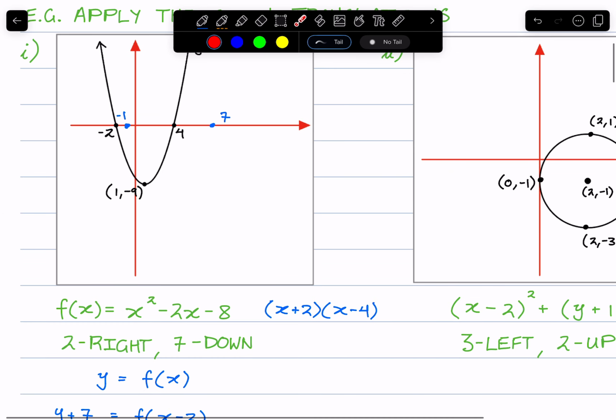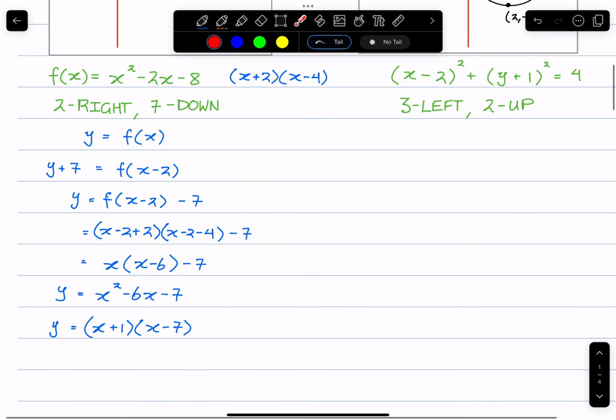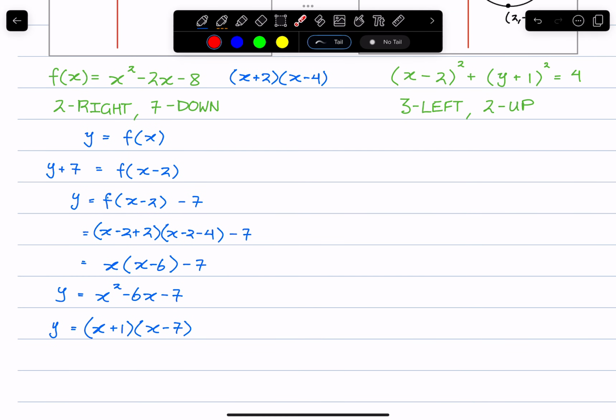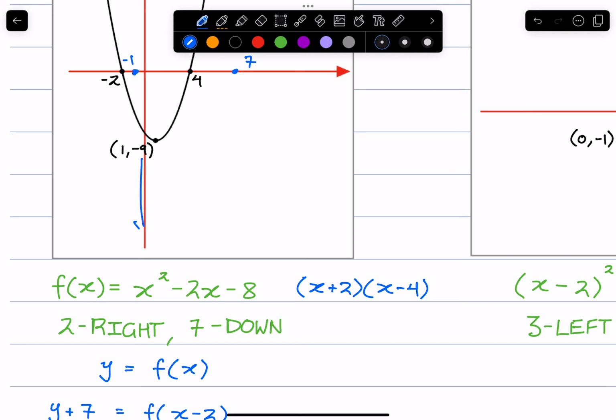And now that we have these 3 points, we can actually easily find where those points would also be transformed. So this point, 2 right and 7 down, that would make it go to 3, 2 units to the right, and then 7 units down would give us -16.